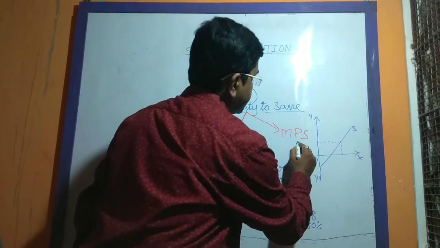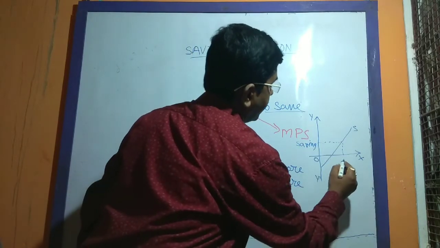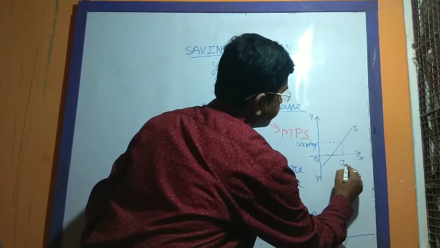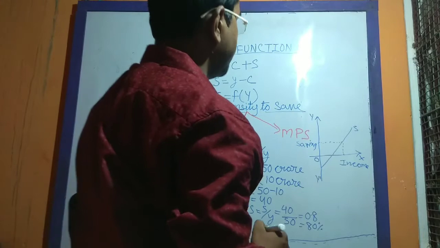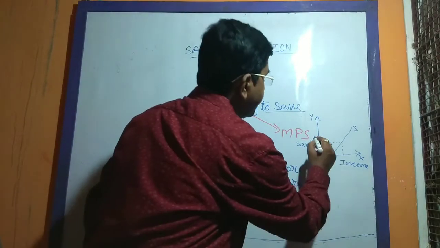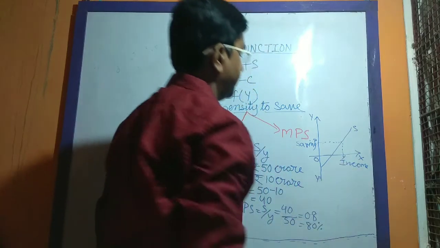On Y axis we will denote saving, and on X axis income. Suppose saving is OP and income is OY.